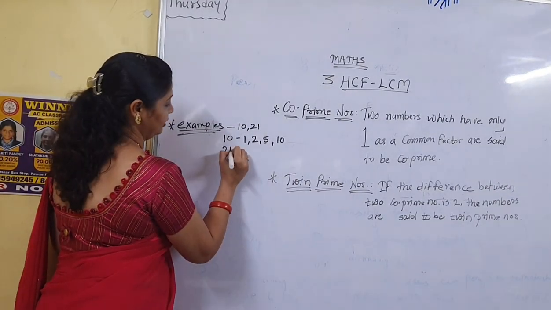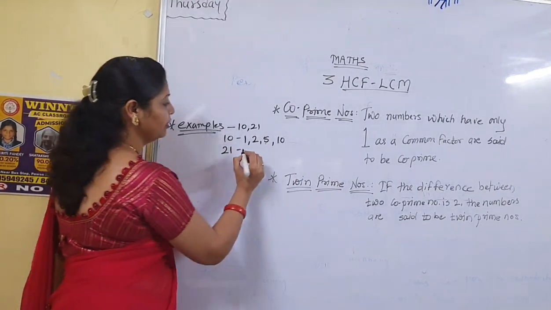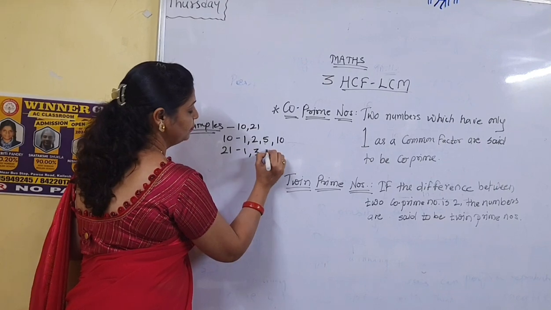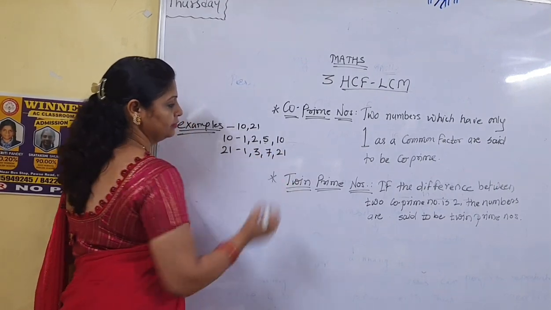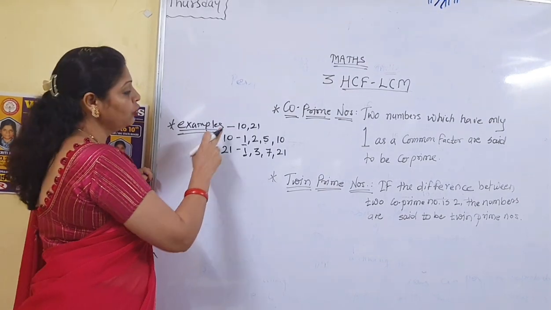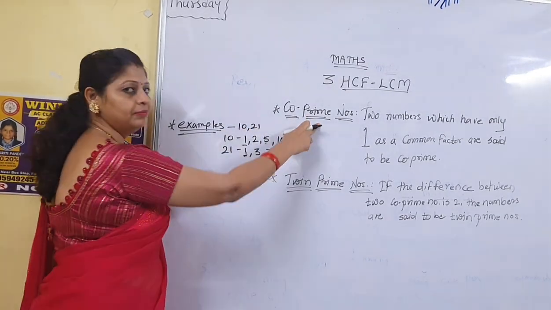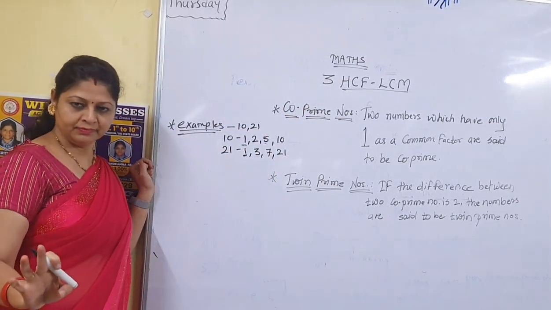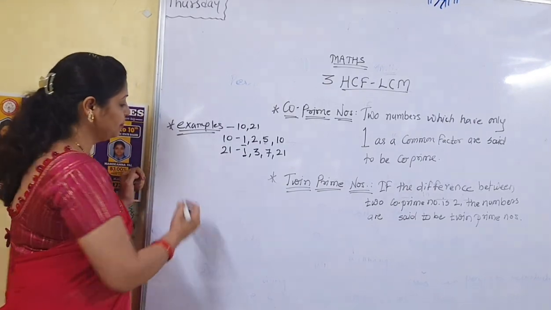Then the factors of 21: 1, 3, 7 and 21. See children, 1 is a common factor between both the numbers. So 10 and 21 are co-prime numbers. Understood everyone?